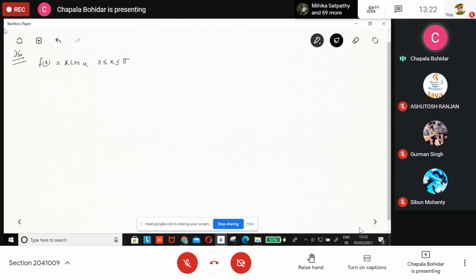Correct to 6 decimal places. So when we are finding the maximum or minimum value, what are we doing there?